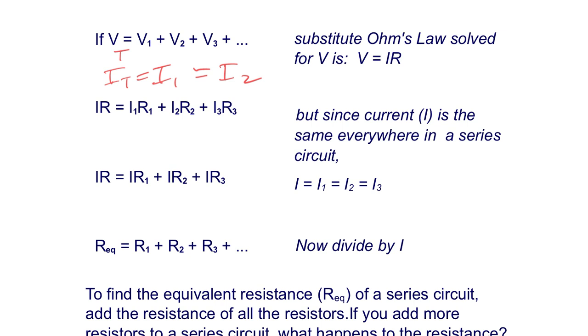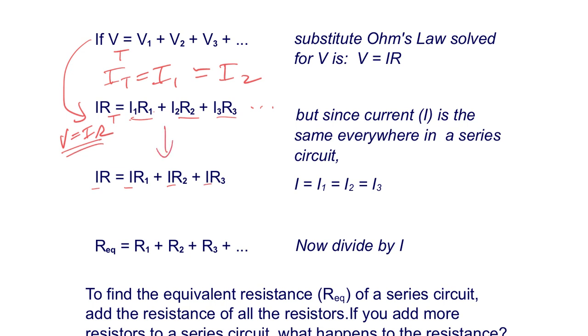If I use Ohm's law, V equals IR, I would get I times R total equals I1 R1 equals I2 R2, etc. I'm just doing Ohm's law for each one of these voltages. Because I is the same everywhere, it cancels out on all sides.